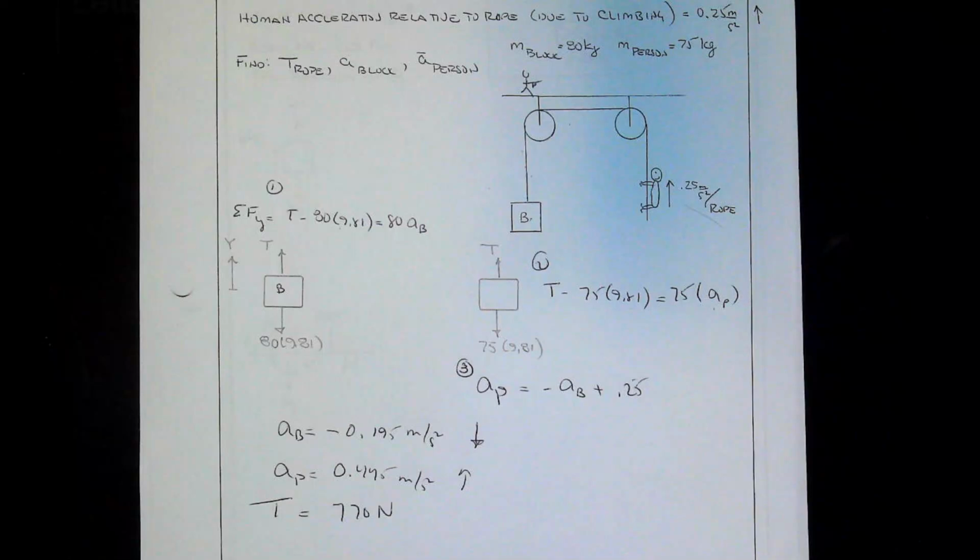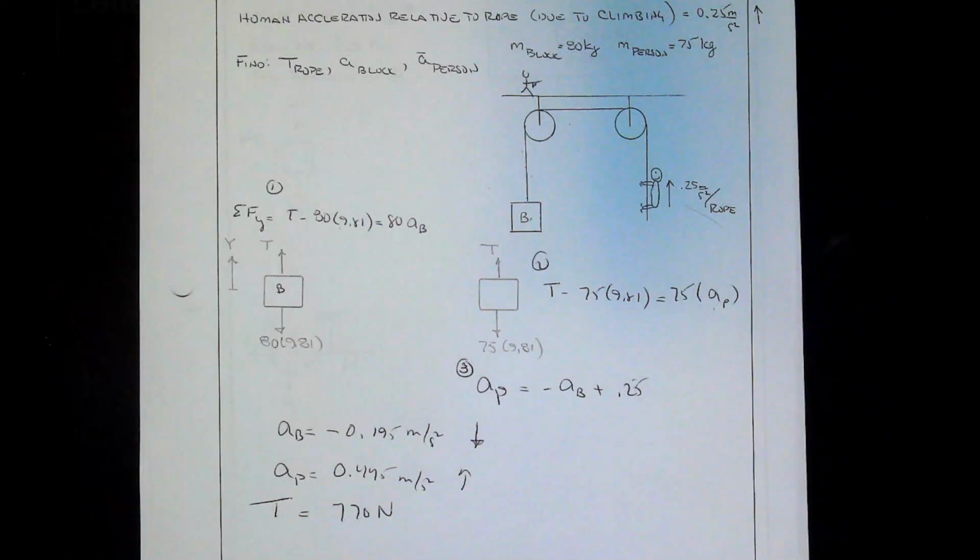Okay, so we have free body diagrams here. We'll just put a B for the block there. All right, so let's just look at the block. We know its mass, and it's just hanging there. So we can sum forces, which I'll actually bring up here.